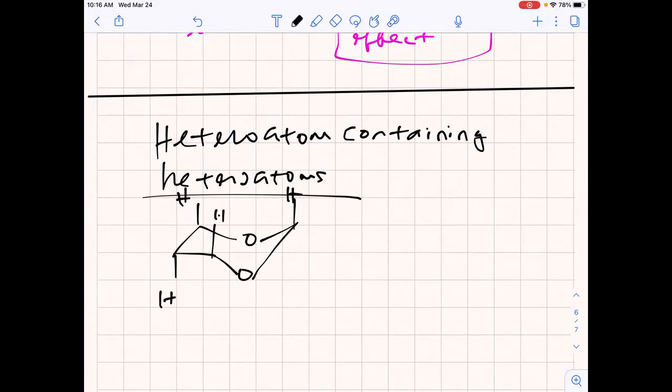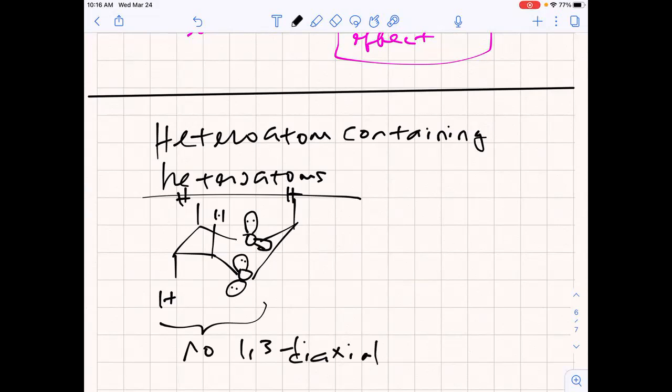Then on the bottom face, you don't have that same 1,3 diaxial interaction because of your lone pairs on oxygen. They don't present a steric interaction.